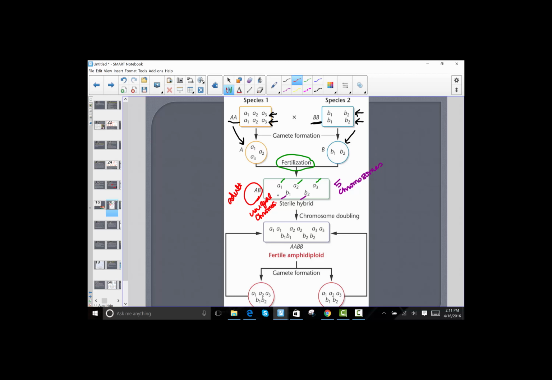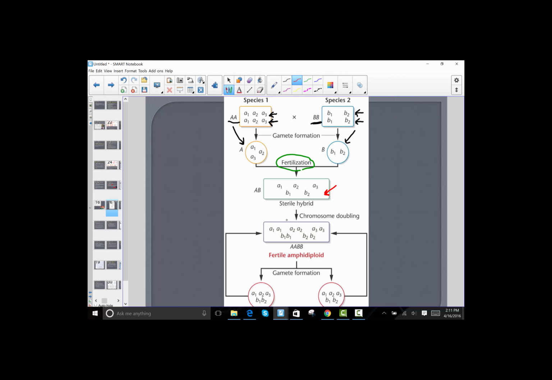Unequal chromosomes. Okay? Now, if you actually have a chromosomal doubling, and I'm going to erase some of this stuff so it doesn't become too messy, because I think it's pretty messy right now. So if we have a chromosome doubling, as you move from this particular individual, which is a sterile hybrid individual, okay?